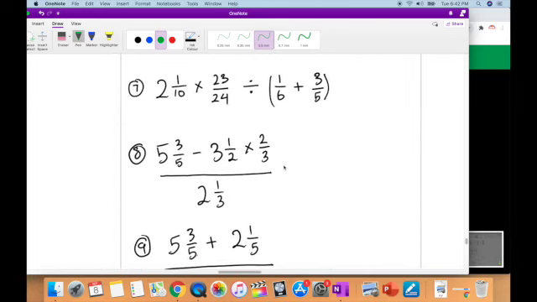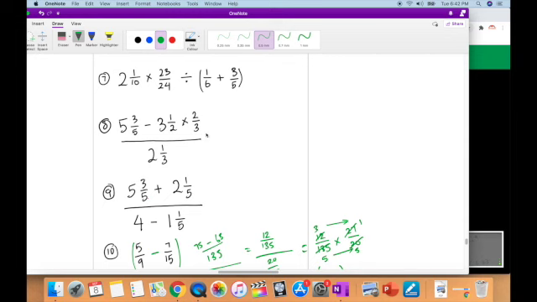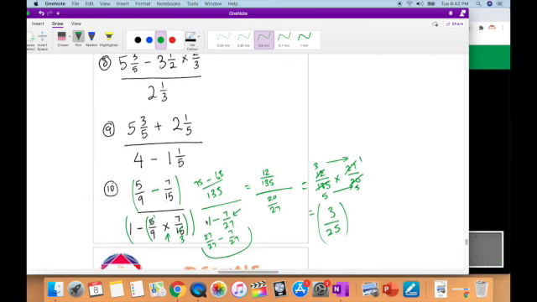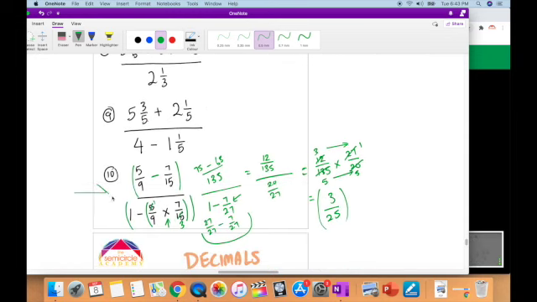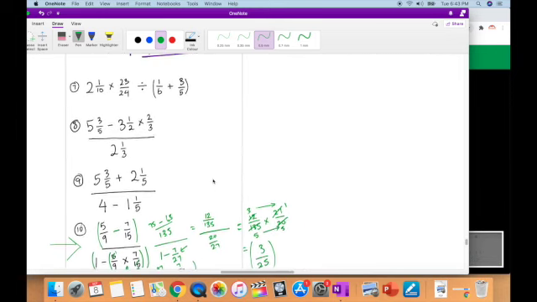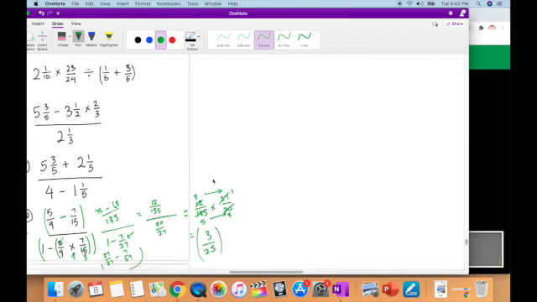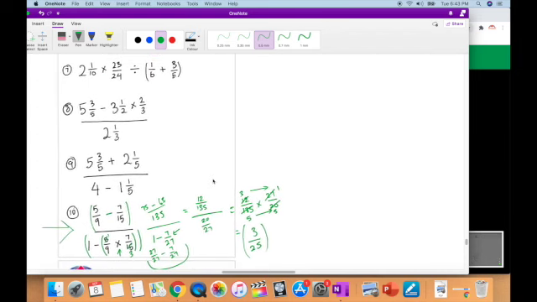Some of these ones we did last class. These fractions things we need to sort out, Scotia, because in algebra you'll meet fractions, so you'll have to know what to do, right?